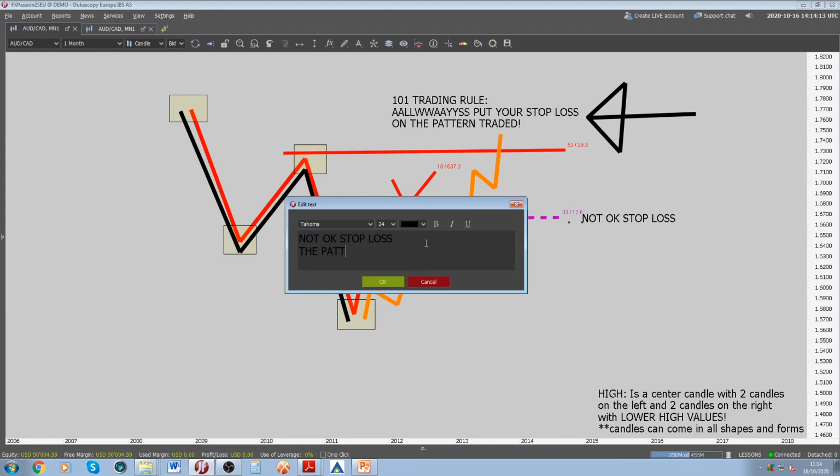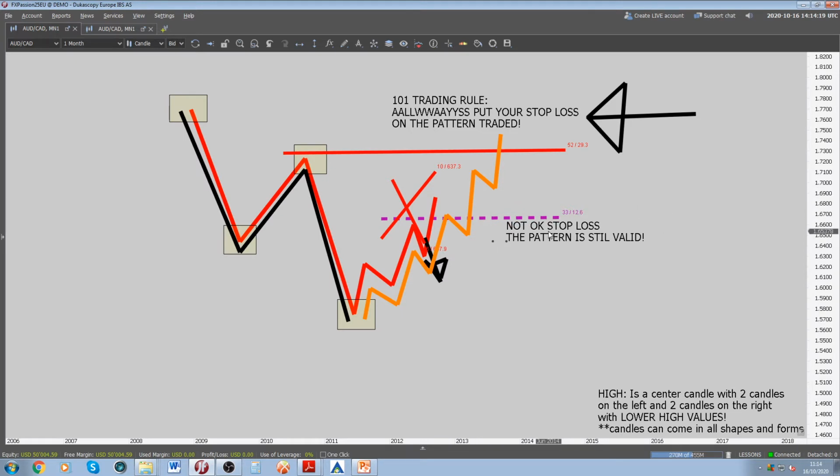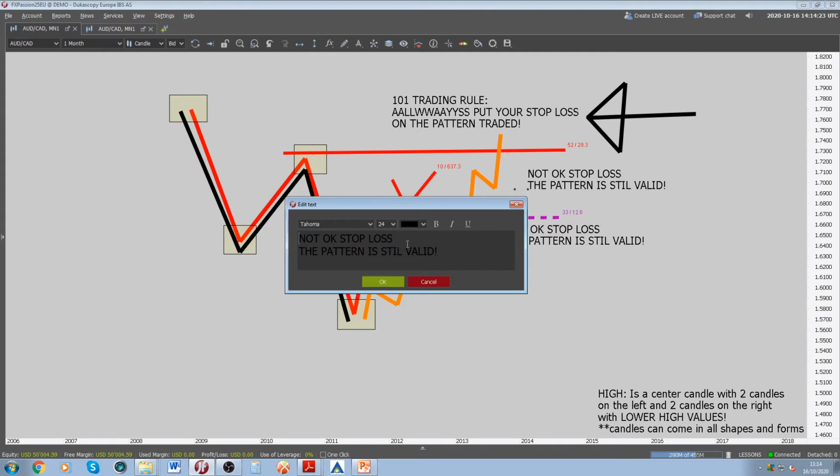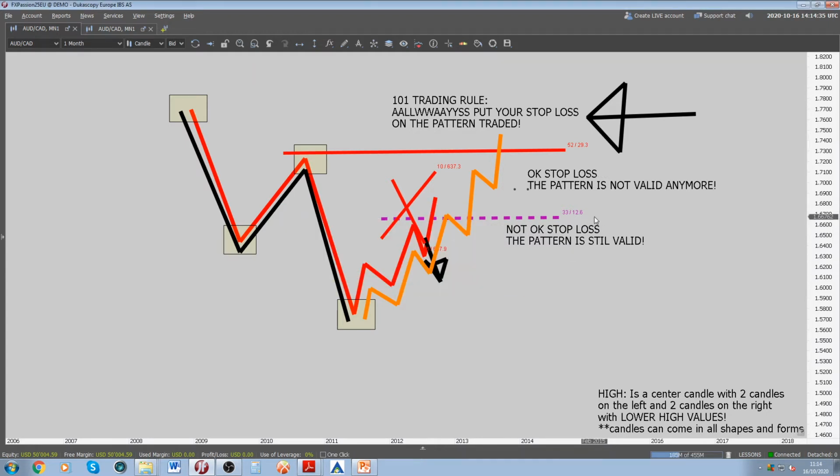The pattern is still valid. So this is a not okay stop loss, and clone and edit label. This is an okay stop loss. The pattern is not valid anymore. It's simple as that, everybody.